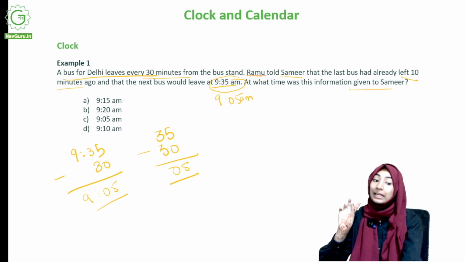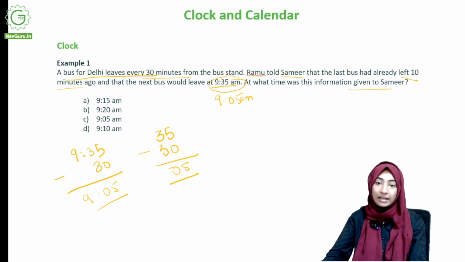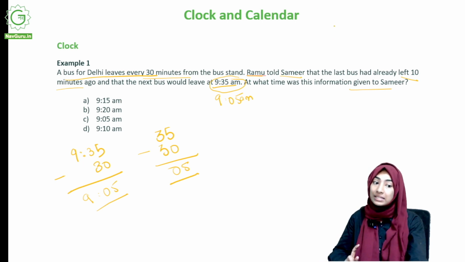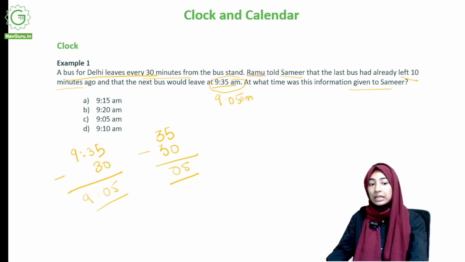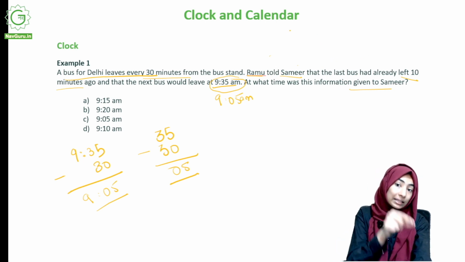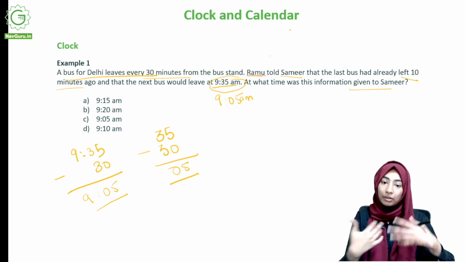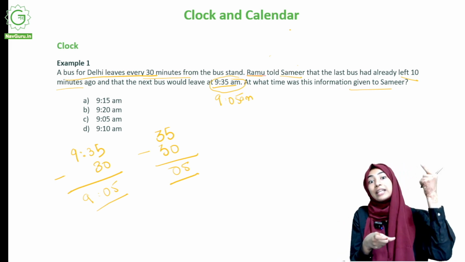Now, what do we need to find? Do we need to find when the last bus left? No, we need to find when Samir got this information. That's our question, right? So let's see. Ramu told Samir that the last bus had already left 10 minutes ago. So when did Ramu tell this to Samir? When Ramu talked to Samir, at that time the bus had left 10 minutes ago.